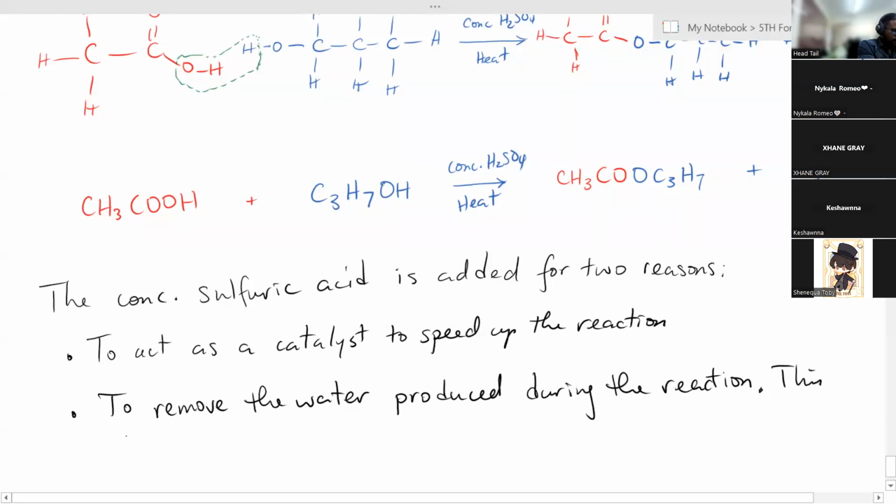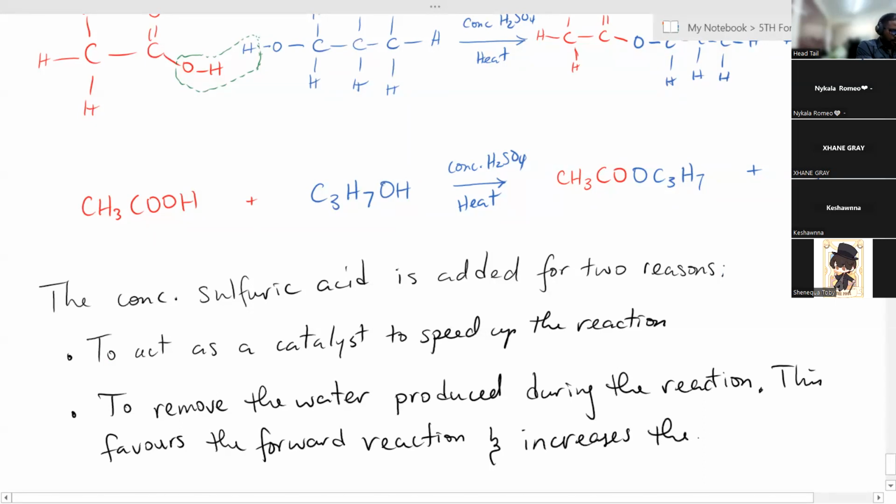This favors the forward reaction and increases the yield of ester.